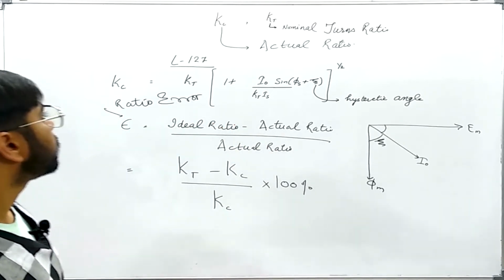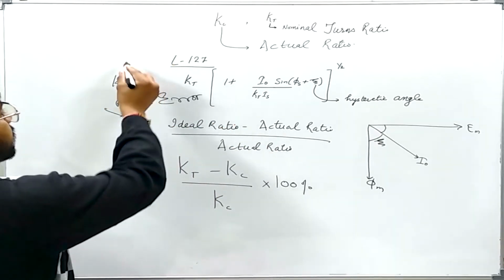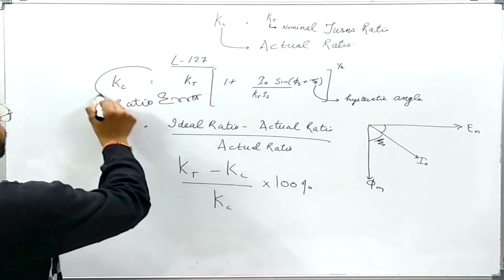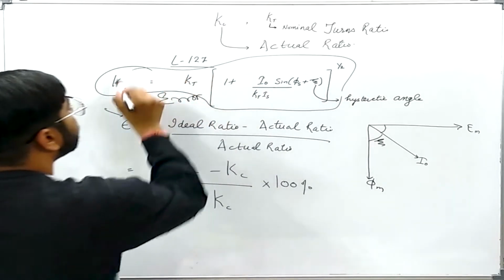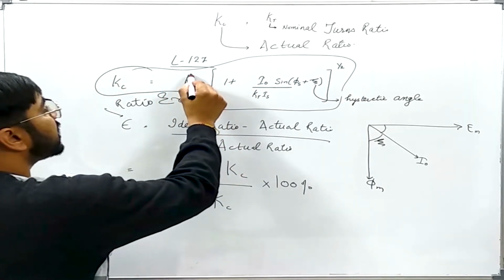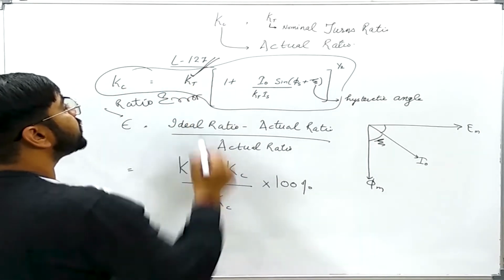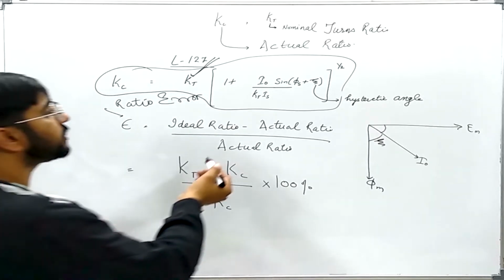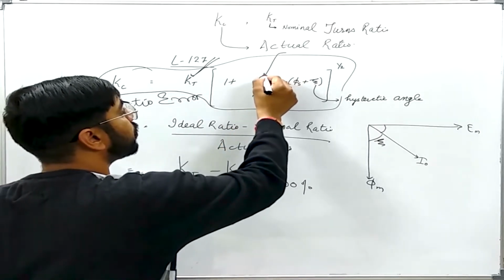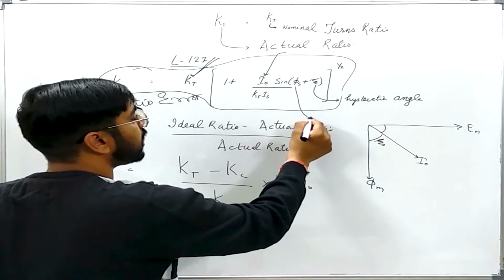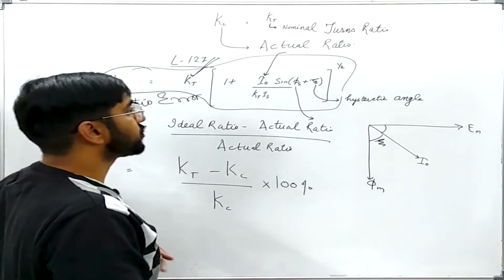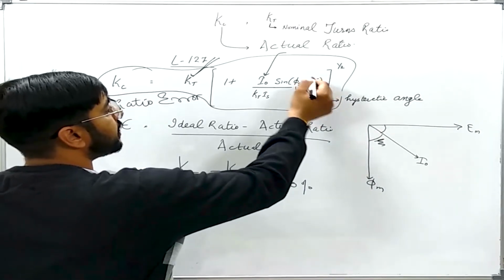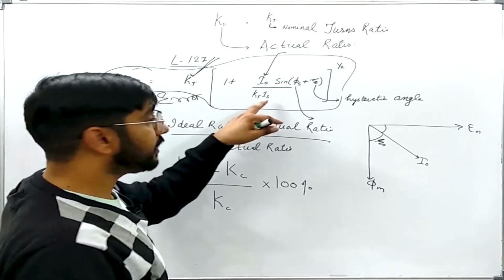Okay, and this is the relation through which we can find the numerical value of the ratio error if we know the nominal or the ideal turns ratio or the nameplate turns ratio, the no load component of the current, the power factor angle with respect to the secondary induced voltage, and the hysteretic angle and the secondary current.